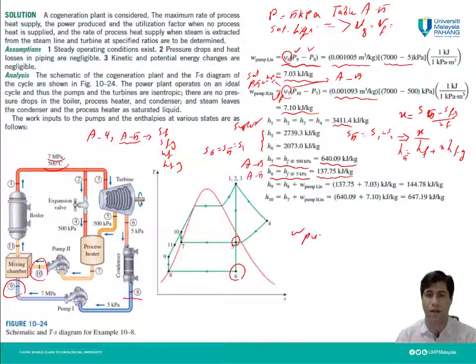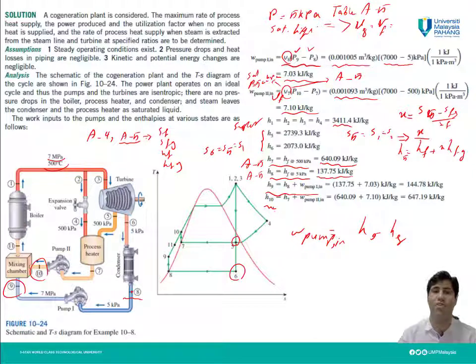We can write h9 minus h8: the change in enthalpy before and after the pump is equal to the work given to the pump. So we can simply rearrange this equation and find h9, which is after pump 1, and we can find h10, which is the enthalpy after pump 2.